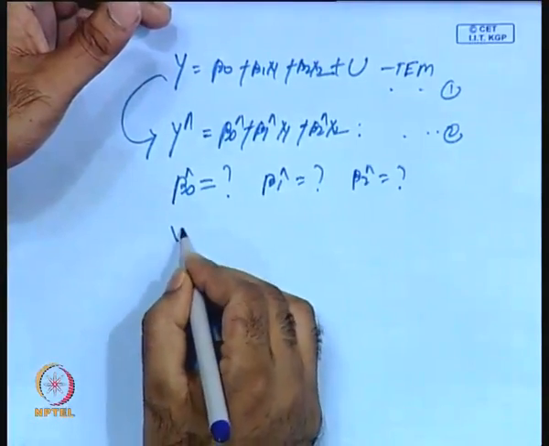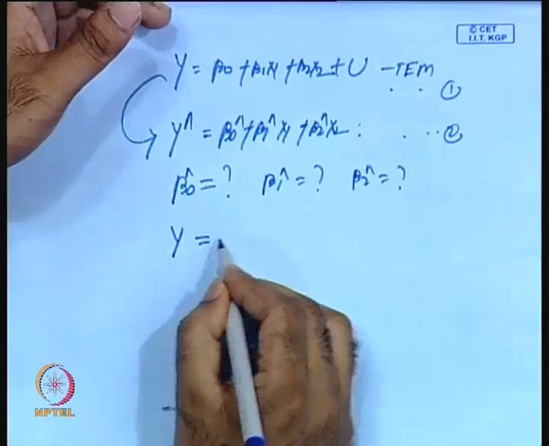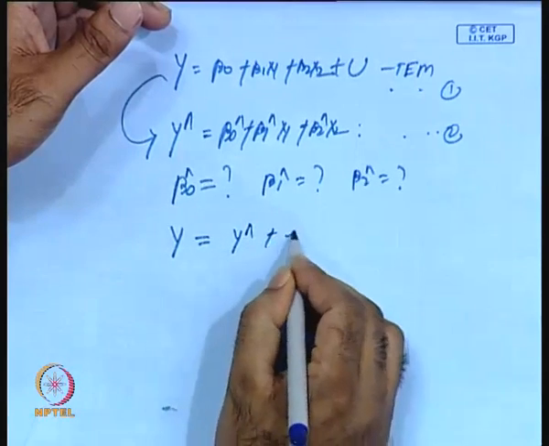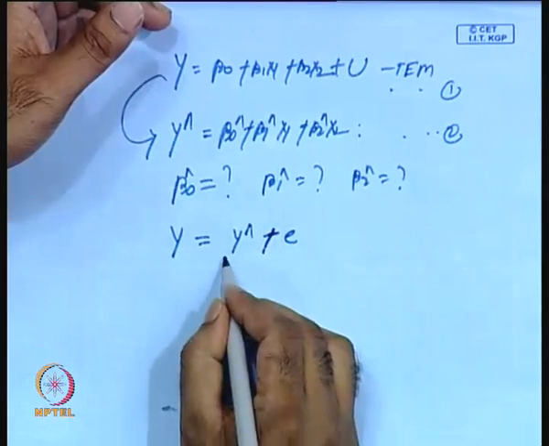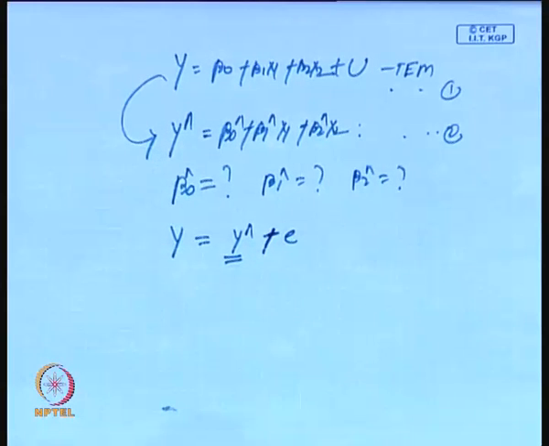Now, as usual, y can be represented as y head plus e. This is y head every time, whether it is a bivariate format, trivariate format or multivariate format. Y head is the summation of the influence of all independent variables together.